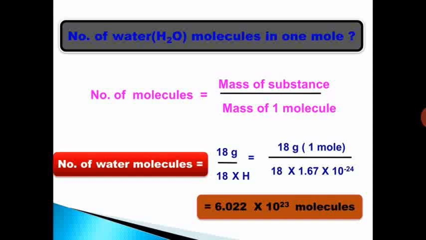Friends, we have calculated number of molecules in 1 mole of salt and in 1 mole of water also, and you must have noticed that in both the cases we got the same number of molecules. That number is 6.022 into 10 raised to 23. It means that 1 mole of any substance contains 6.022 into 10 raised to 23 molecules of that substance, and this number is constant for all substances.